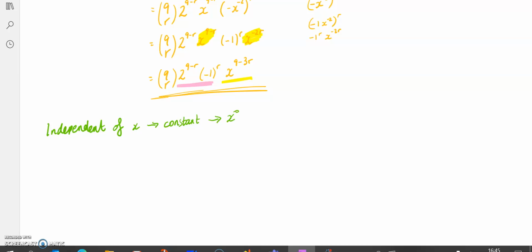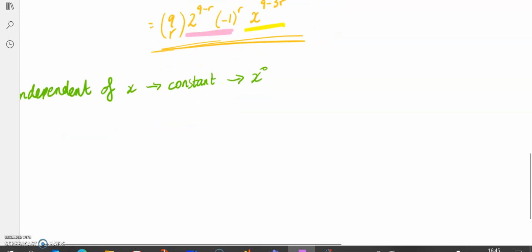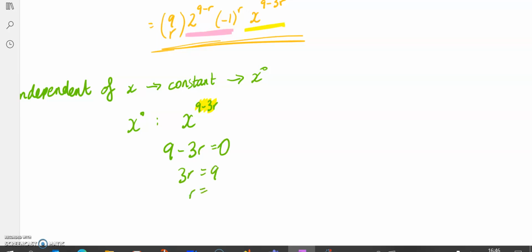So we're going to look at our x term. We want x to the power of 0, because if it's the power of 0, it's not going to depend on x. So we want this power to be 0. So we're going to figure out what r is going to be. 9 minus 3r equals 0, so 3r equals 9, leading to r equals 3.